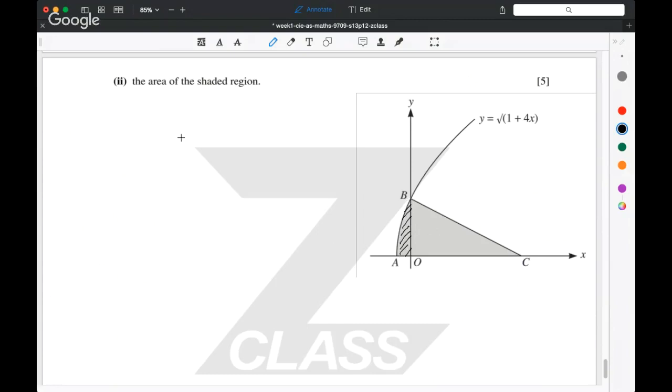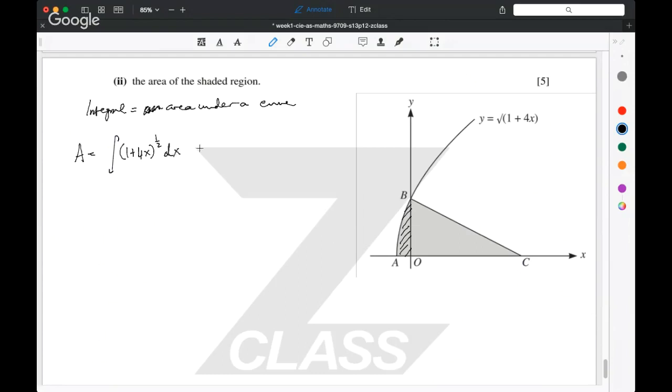Well, we know that the integral is the same thing as the area under a curve. So our area here is going to be the integral of (1 plus 4x) to the 1/2, dx.